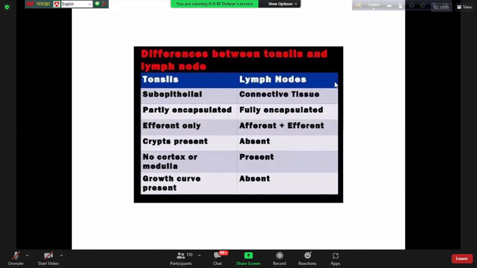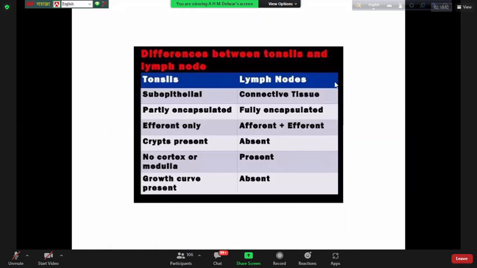is fruitful. Now it is an important question: the difference between tonsil and lymph node. If there is a written question in the exam, and also in the viva, you will face this. So tonsil has efferent vessels only.